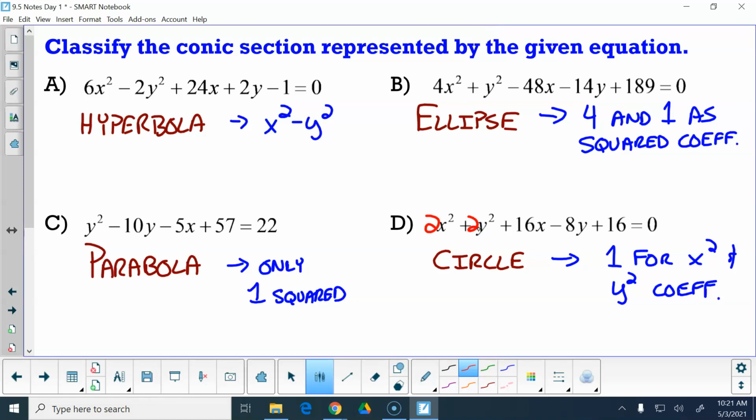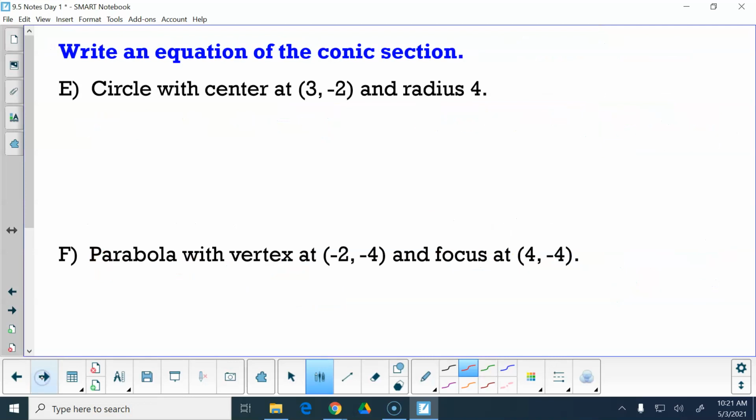So an ellipse will always have different squared term coefficients, not looking at the linear terms like these two, or these two, looking just at the squared coefficients. Love it.